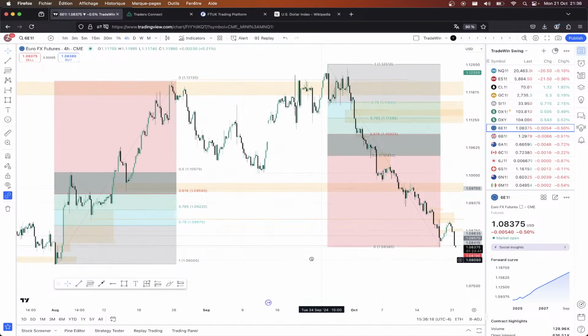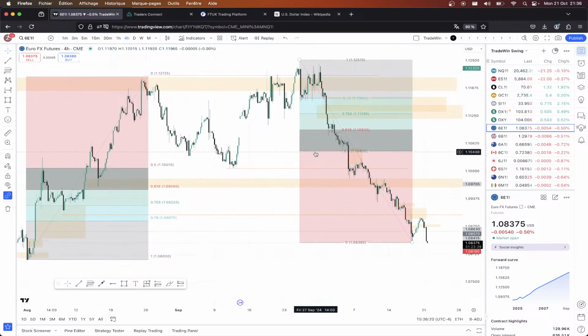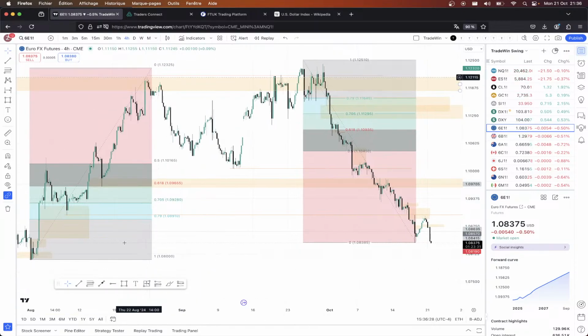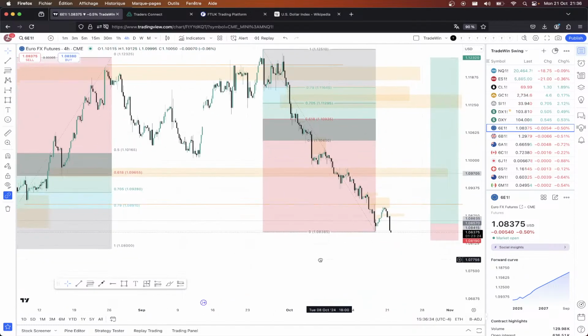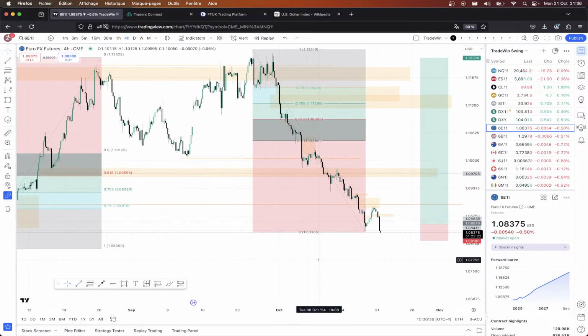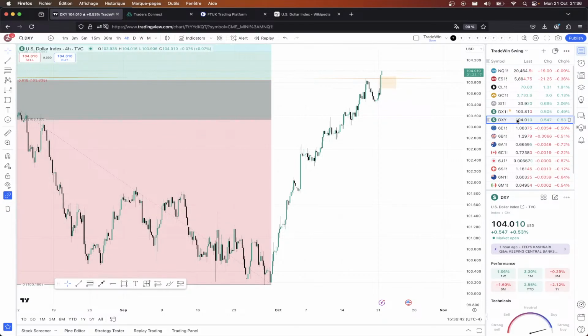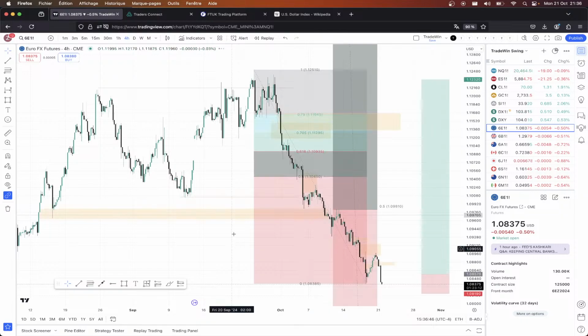And we are getting really deep down into the previous high here, deep into this fair value gap. So here there is no way I'm entering long until my dollar index reverses. Okay, that's clearly my opinion about that.